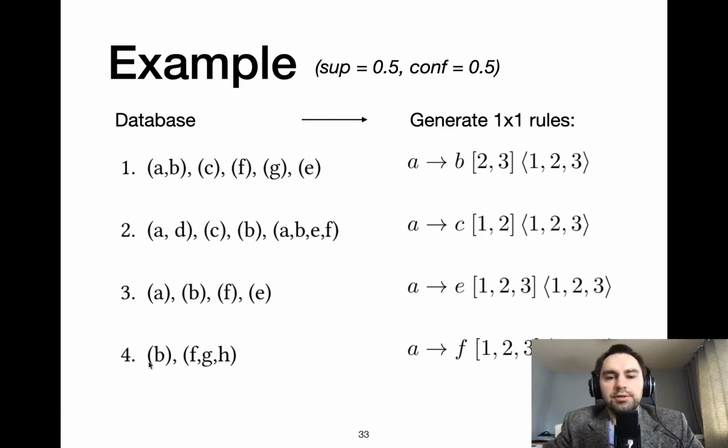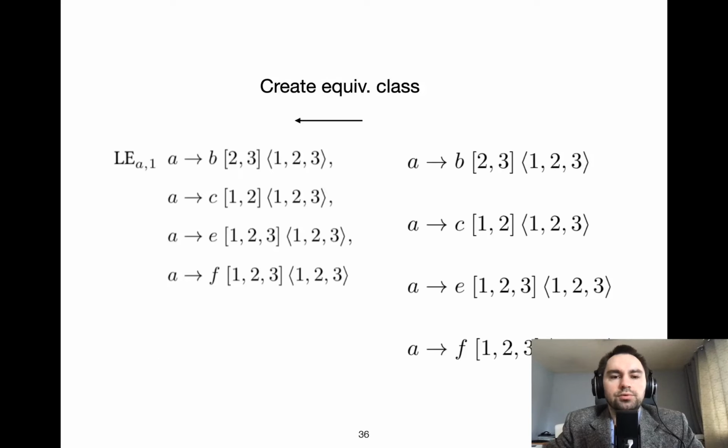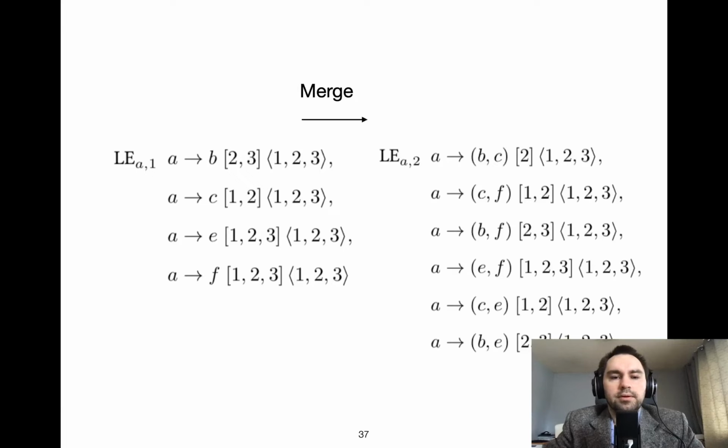So once we generate these one by one rules, we can proceed to create left equivalence classes of size 1. Clearly, all of these start with A, and the right-hand side of these is of size 1. So this is a left equivalence class of size 1. Then we're going to do a merge.